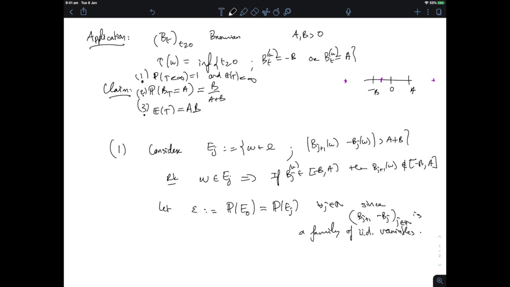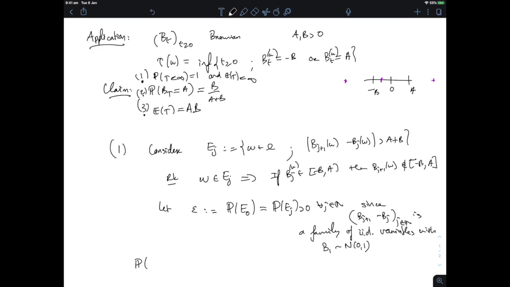Independence guarantees that the probabilities have to be the same. And this probability is non-zero because B_1, which is B_1 minus B_0, is an N(0,1) variable, so the increments are IID N(0,1). Okay, so this epsilon is a positive number.